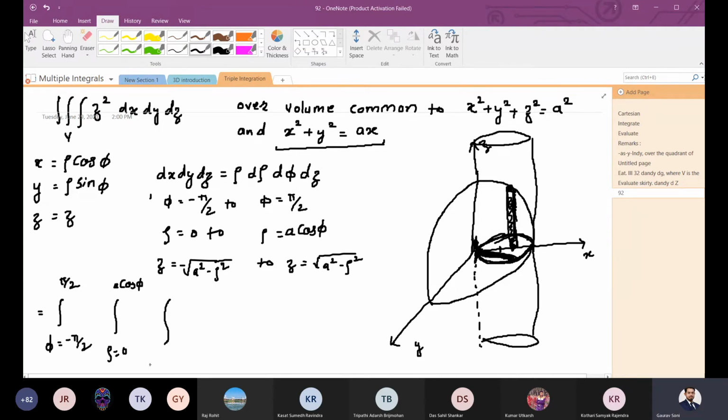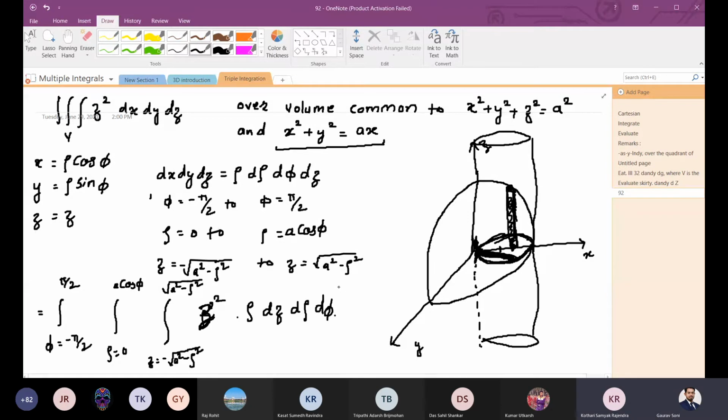Third one, z is equal to minus root a square minus rho square to plus root a square minus rho square. z square is z square as it is. And then we have rho dz d rho d phi. So I'll consider that there is no problem till this.